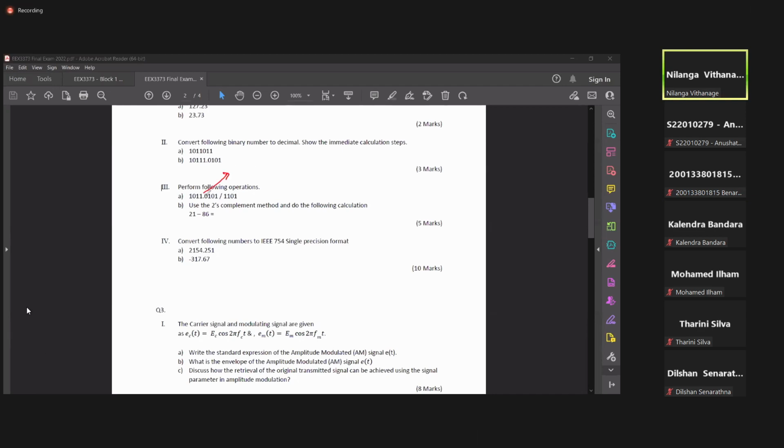You can convert this number into decimal format and convert this number into decimal format and divide, like let's say A and B. You can divide A by B easily, but you won't get any mark, right? If it is mentioned in binary, you have to do the binary division. So that is the way. Whenever we mention a particular number system, we have to use that particular number system for calculation as well, right?